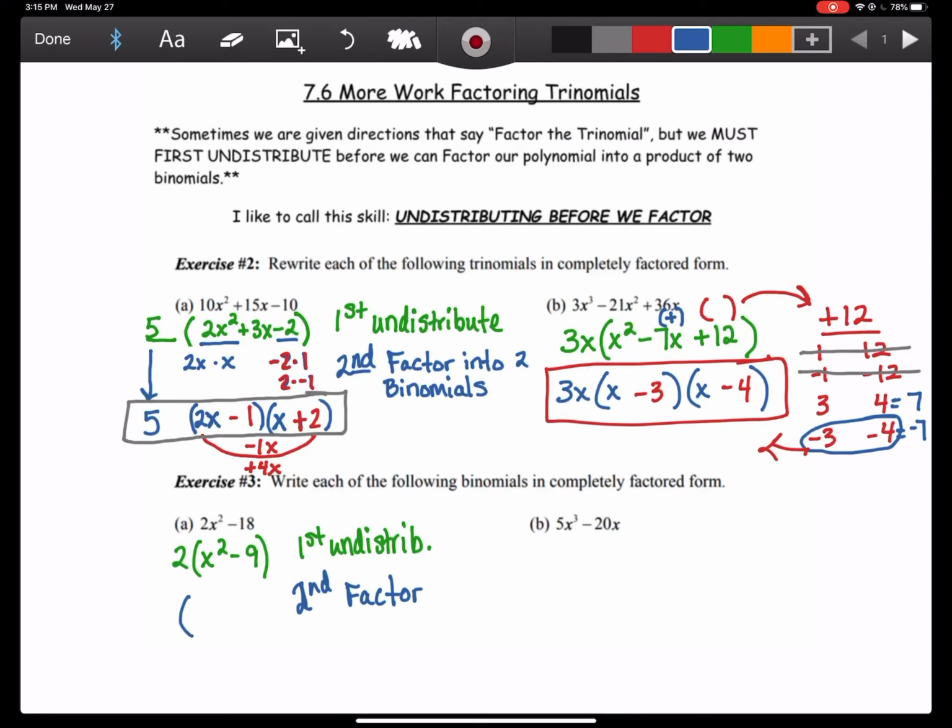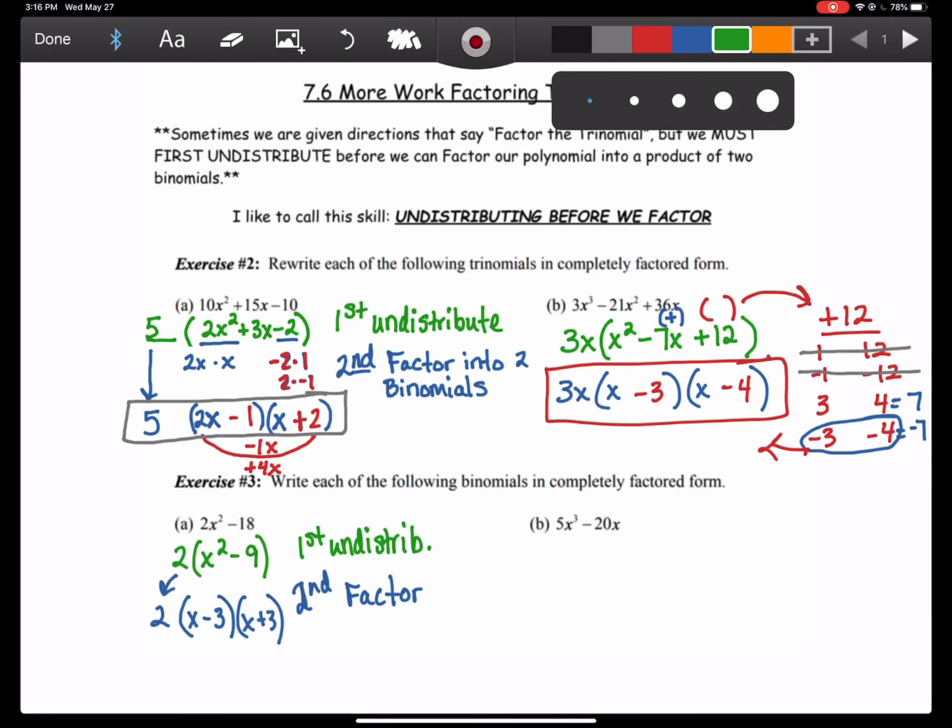So we're going to set up room for those two conjugate pairs. And don't forget about the 2. Got to bring that guy down out in front. Now we're ready to factor. So x times x. And what times what makes -9? It's got to be the same two numbers. -3, opposite signs, +3. Done.